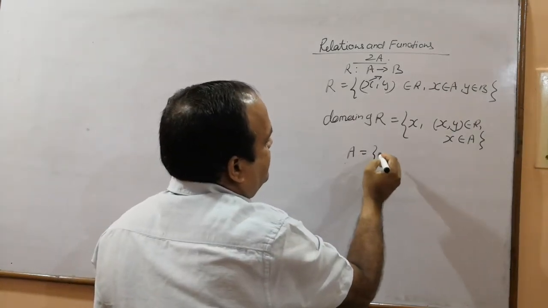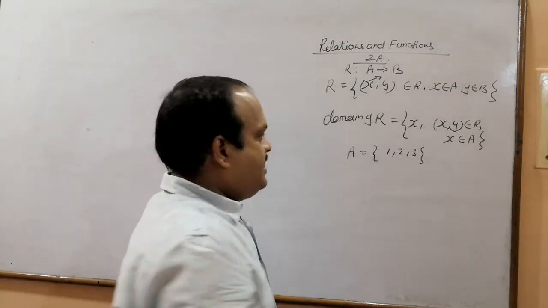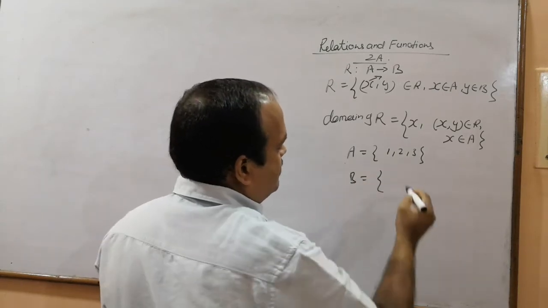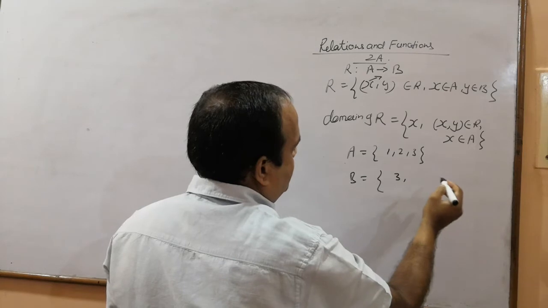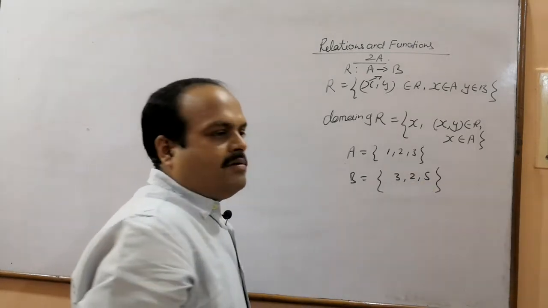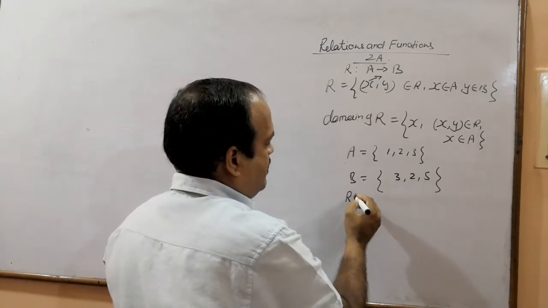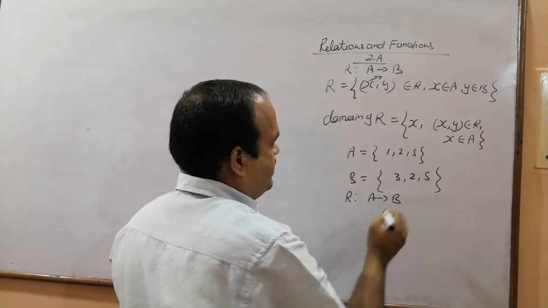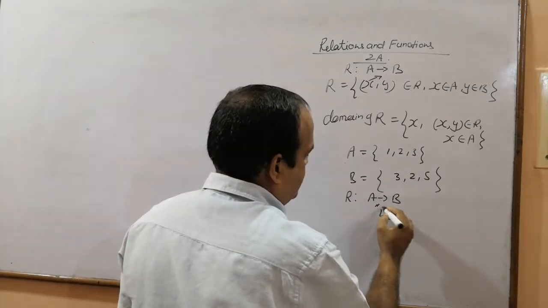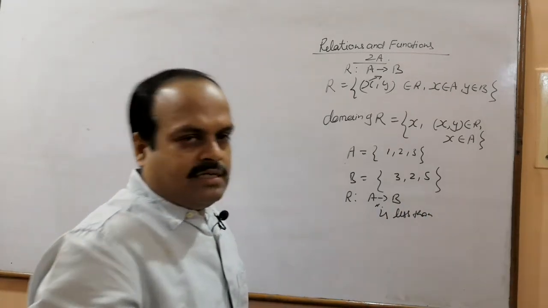Set A is 1, 2, 3, set B is 3, 2, 5, and relation R from A to B is defined as 'is less than'.